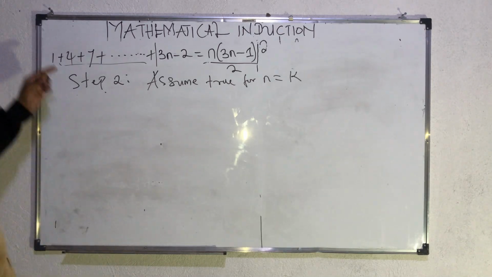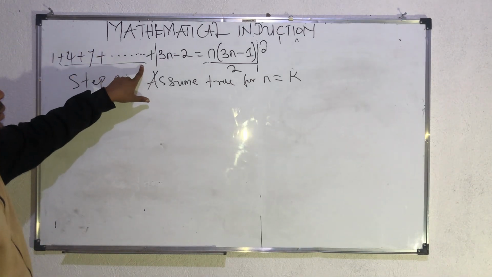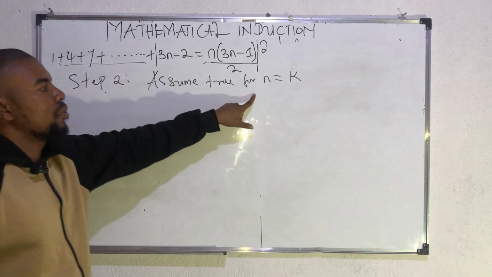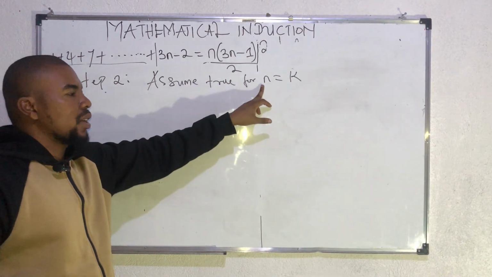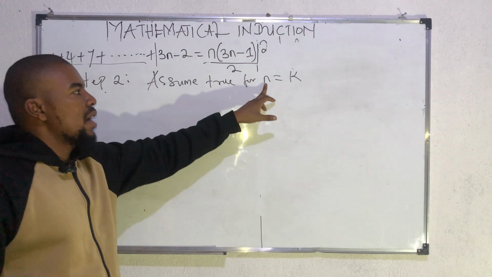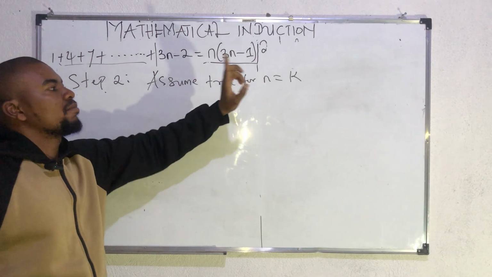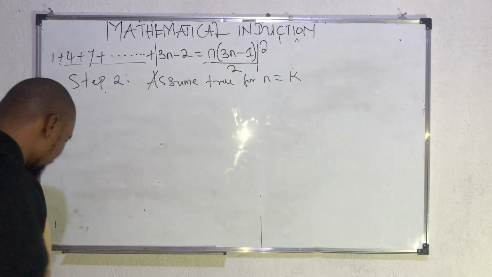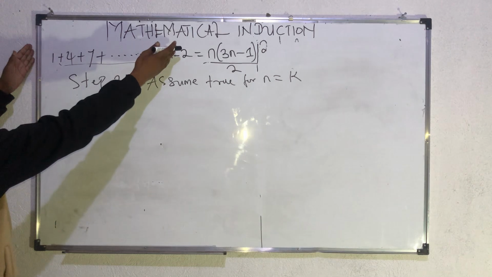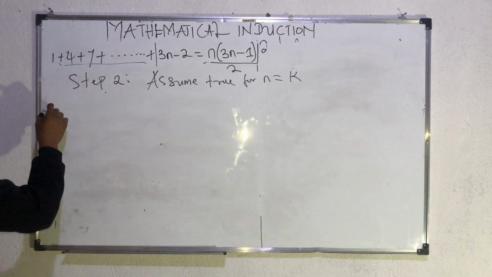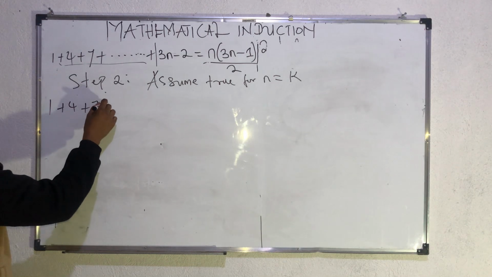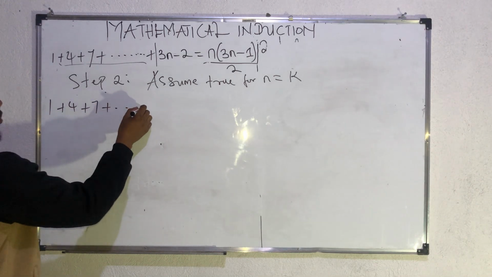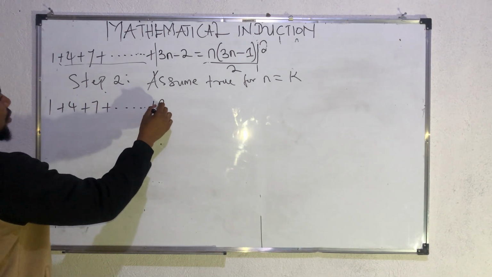So what's going to happen is that we're going to repeat this again and then substitute a k for n. Since k is equal to n and n is equal to k, wherever we see n, we put a k. So just copy down the entire statement. Hence, we're going to have 1 plus 4 plus 7 plus dot dot dot plus 3.